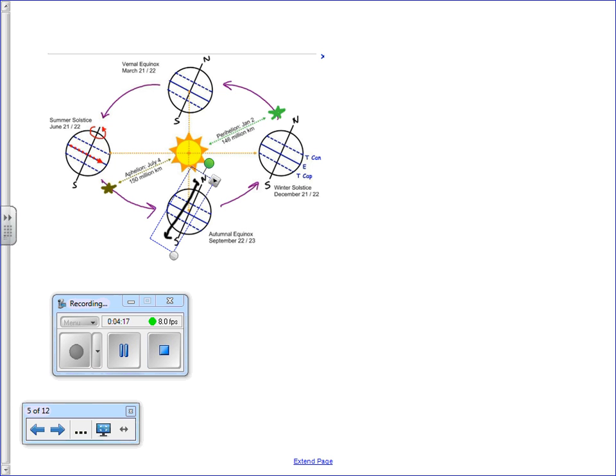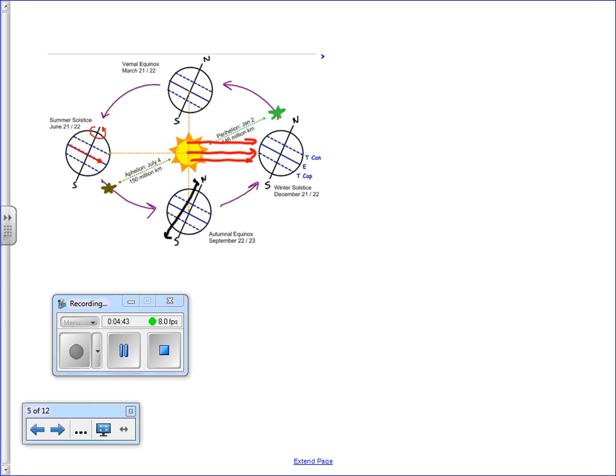So when the Earth is right here, and it's always hard to draw 3 dimensions in 2 dimensions, is the sun hitting directly at the equator? No, the sun is hitting north or south of the equator? It's hitting south of the equator. So which hemisphere is having summer, north or south?